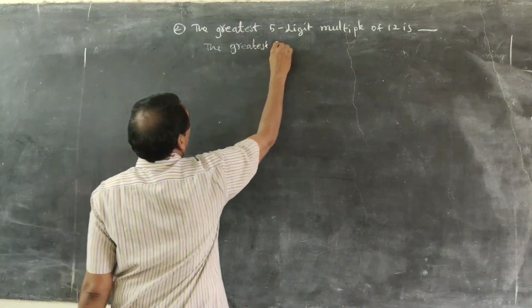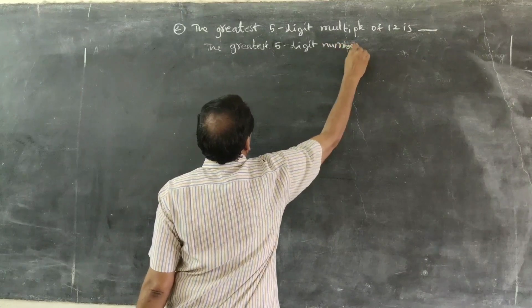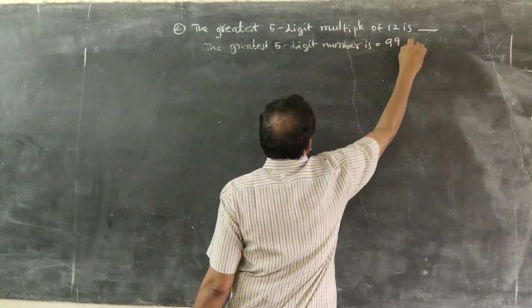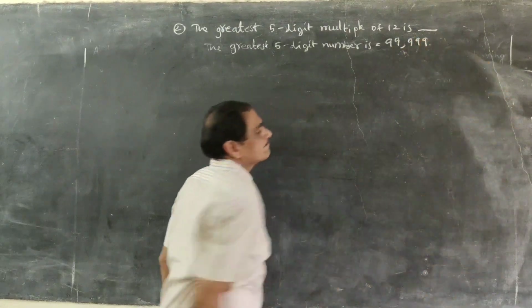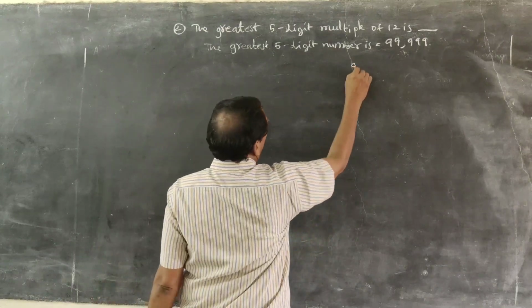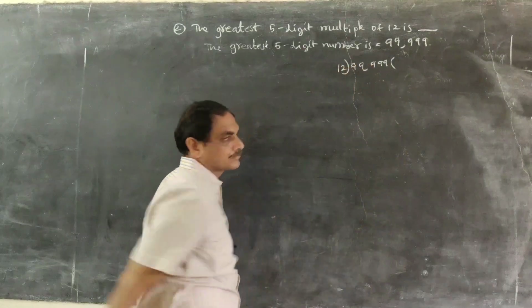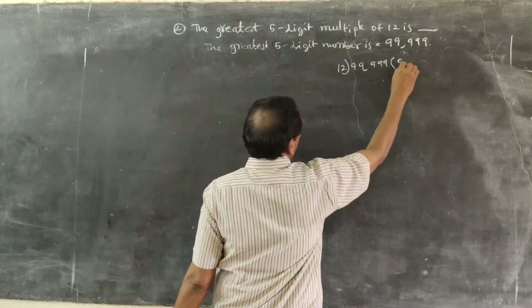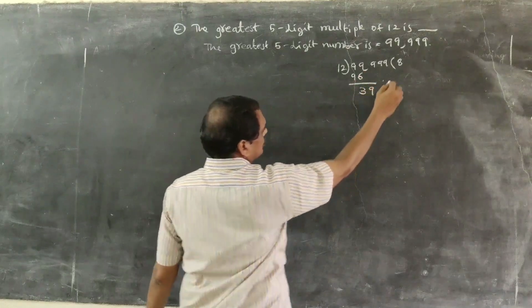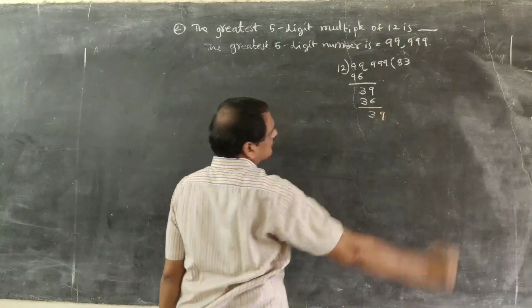The greatest 5-digit number is equal to 99,999. Now we divide this number by 12. 99,999 by 12. 12 eights are 96, 3, 9. 12 threes are 36, 3, 9.